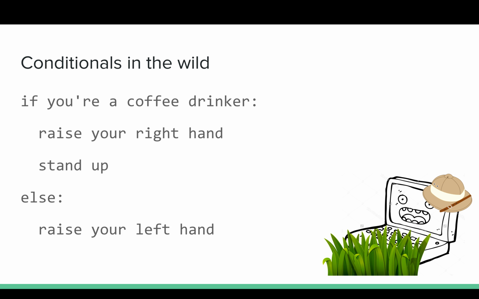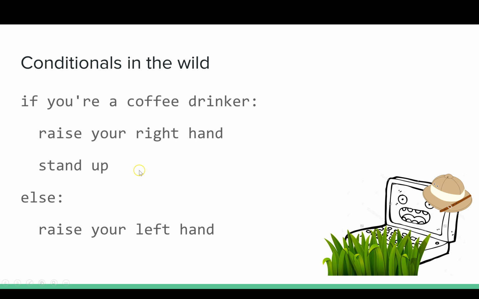Now the second condition is interesting. If you are a coffee drinker, raise your right hand and stand up. So do both things. In the else part, you raise your left hand. So all the coffee drinkers stand up and raise your right hand, and everybody else raise your left hand.